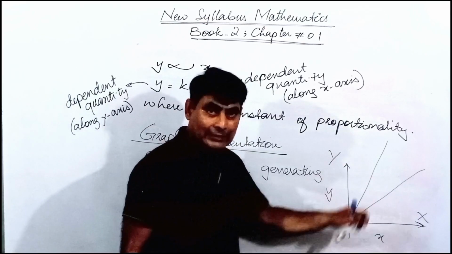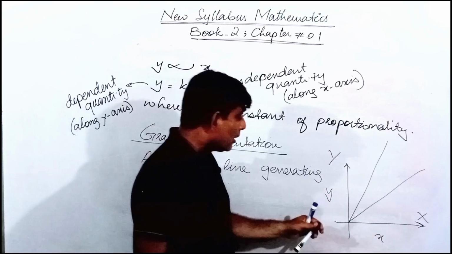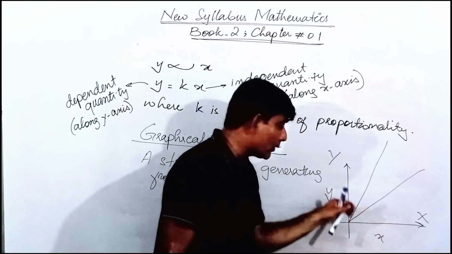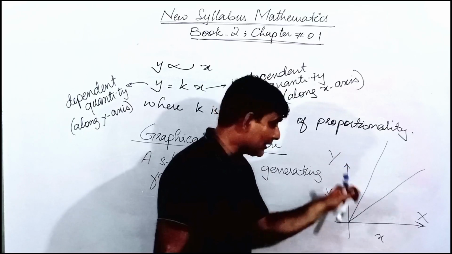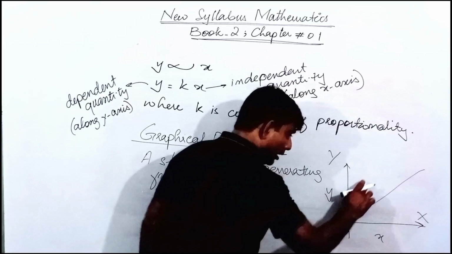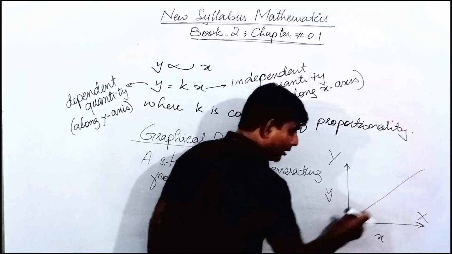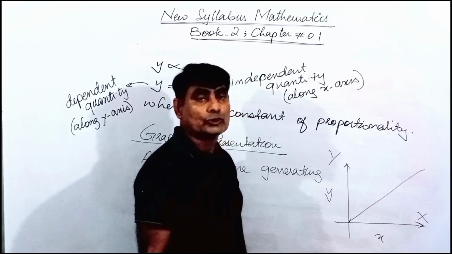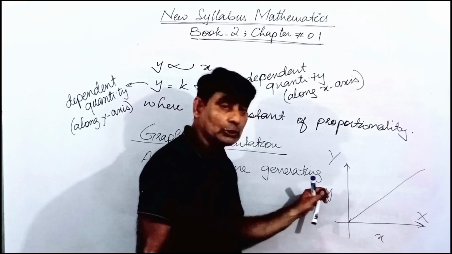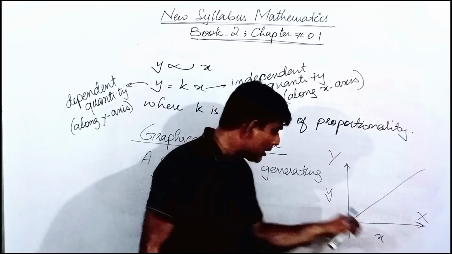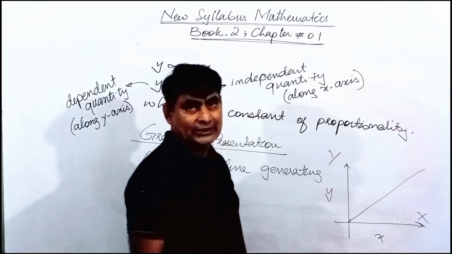Always we draw a straight line, and we will consider different numbers over here. But we have to draw a straight line, only one of them. This will show direct proportionality, a relation between two physical quantities. This is the independent physical quantity, this one is the dependent physical quantity.